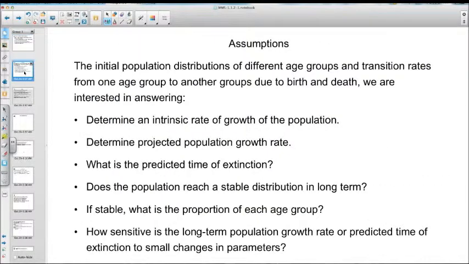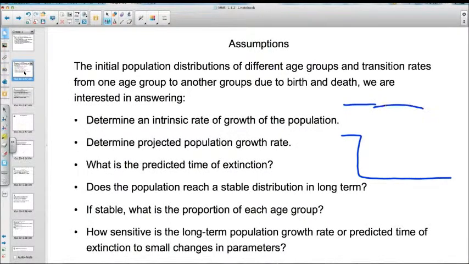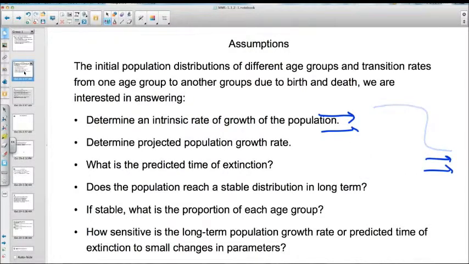Let's see what the Leslie matrix is and how we investigate this population model. Whenever you think about a math model, you can think of it as a black box first and pay attention to the input and the output. In this particular model, we have two input parameters.